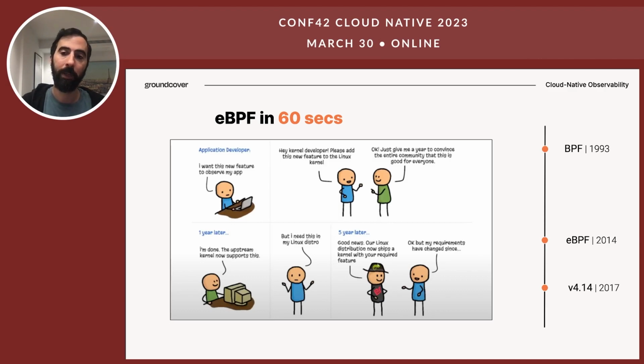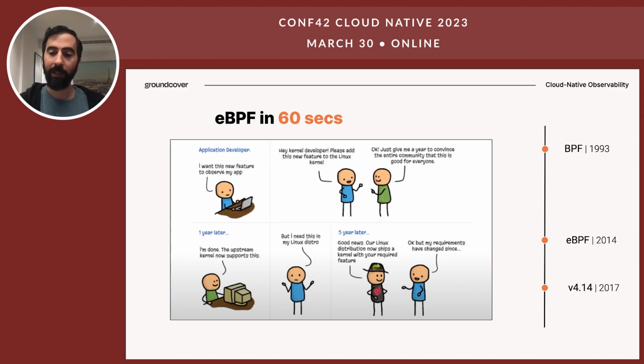eBPF was basically an old technology, in the sense that it's already been part of the Linux kernel for a while as a technology called BPF. It was part of tcpdump and a lot of different packet routing mechanisms inside the kernel already. But in 2014, which is exactly the year Kubernetes was born, eBPF rose and allowed a lot of new features to be relevant for actual application developers, to say, okay, part of my logic can actually run inside the Linux kernel, and it can be safe and it can be fast.